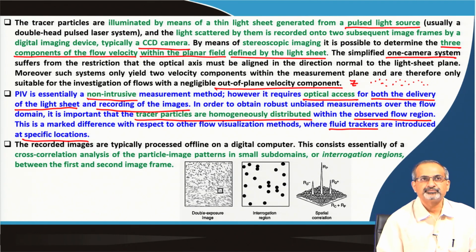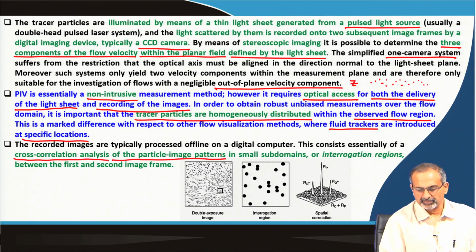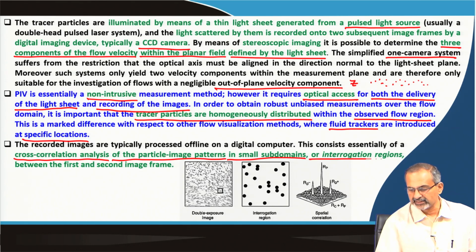The recorded images are typically processed offline on a digital computer, and this consists essentially of a cross correlation analysis of the particle image patterns in small subdomains or interrogation regions, which we talked about.